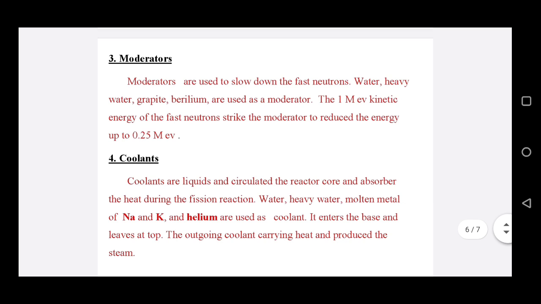The moderator should have the following characteristics: high slowing down property, non-corrosiveness, chemical and radiation stability, and high thermal conductivity. Normally, water, heavy water, and graphite are used as moderators.